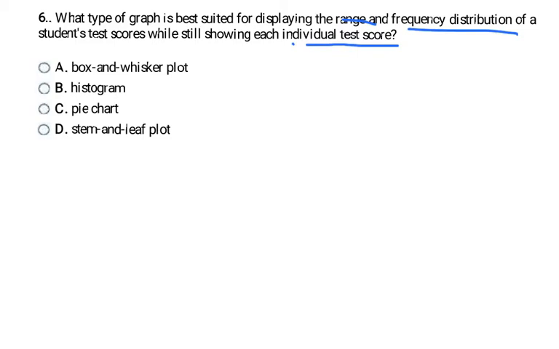So in a box and whisker plot, you lose the data. In a pie chart, you just get the percents. You lose the actual data. So here, in a histogram, it doesn't deal with numbers. It deals with categories. So that leaves us with the stem and leaf plot. And remember back to our notes, stem and leaf plot is ideal for range and frequency.